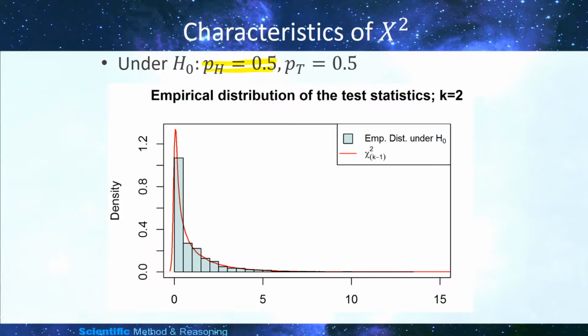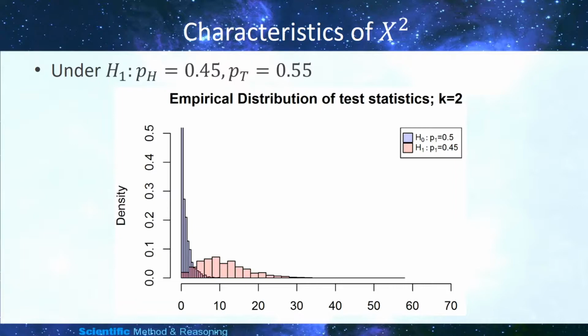For the one-way classification problem, the chi-square distribution has degrees of freedom k-1. When we compare with the chi-square distribution shown in the red curve, you can see that the empirical distribution agrees closely with the theoretical distribution, which is a chi-square 1 distribution.